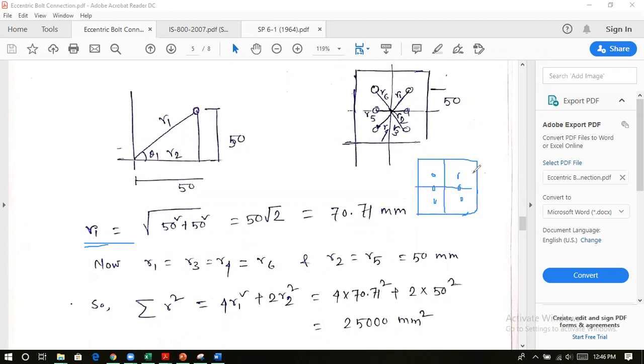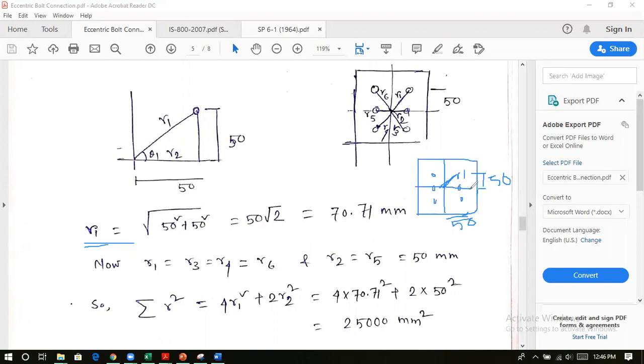This distance was given as 50, and this distance was given as 50. So for this bolt, this is the number 1 bolt. This distance will be R1. So this is how we can calculate this. This will be this distance square plus this distance square. So by simply doing that, we get a value of 70.71.